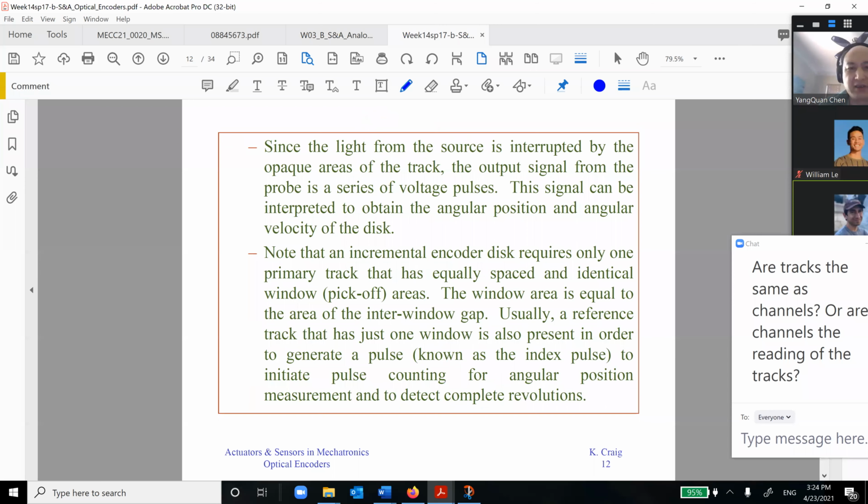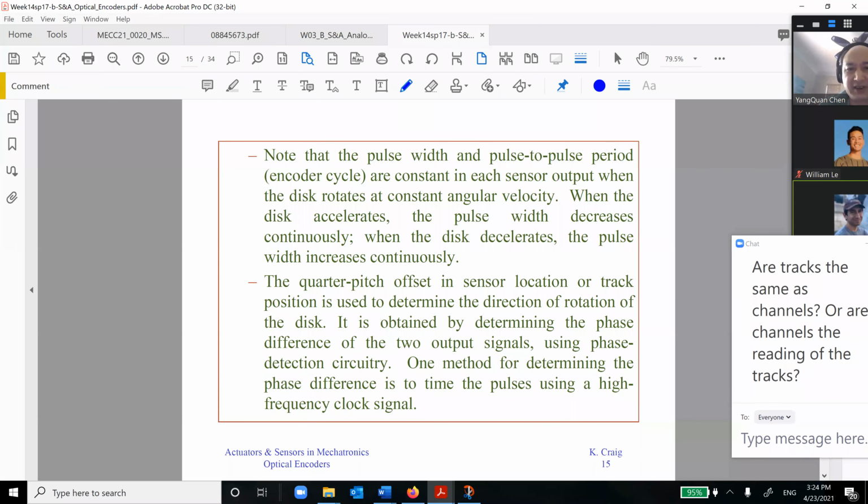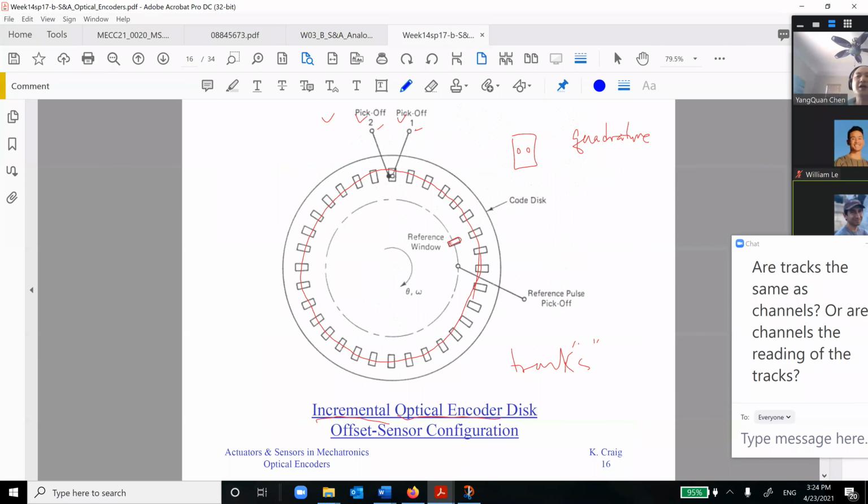So the basic idea is in this figure. This is called an incremental optical encoder disk. In this case, to reduce the cost, there's only one track. All of these windows, all these slits, there's only one such circle.